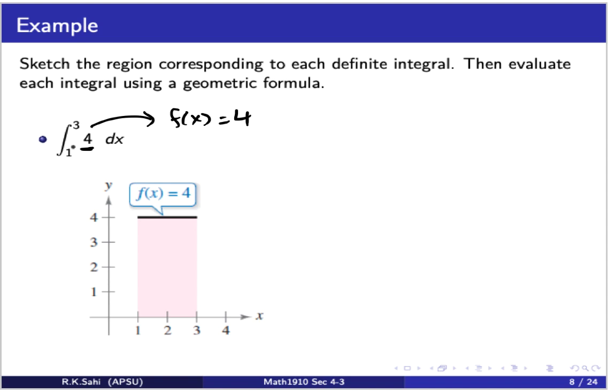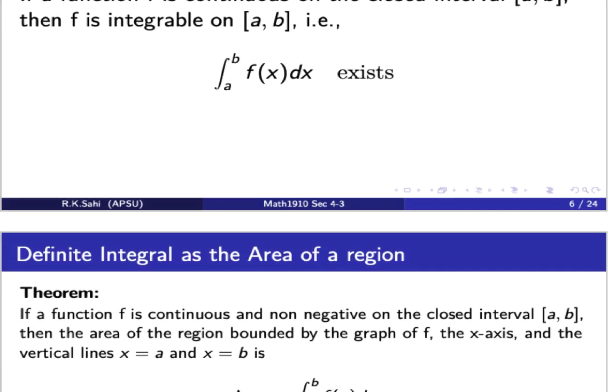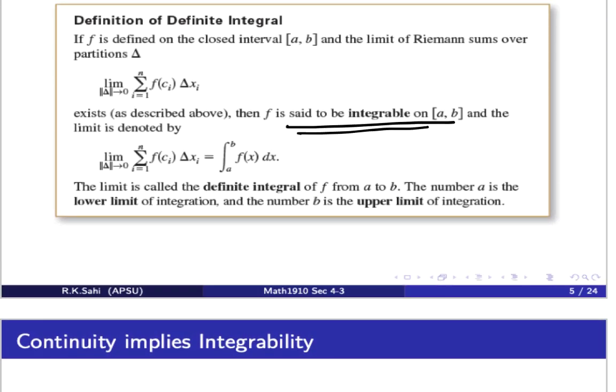We'd like to find the area of this function between the two limits of the integral. Remember, a is called the lower limit and b is called the upper limit.